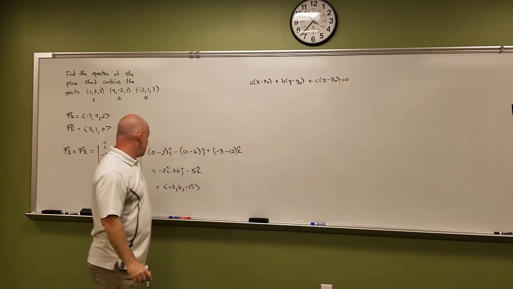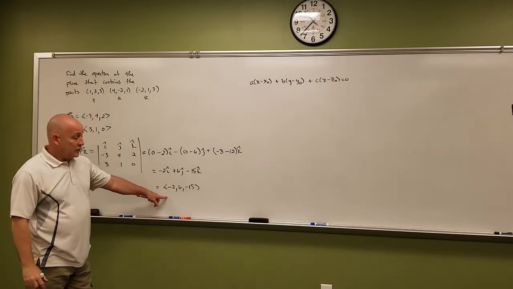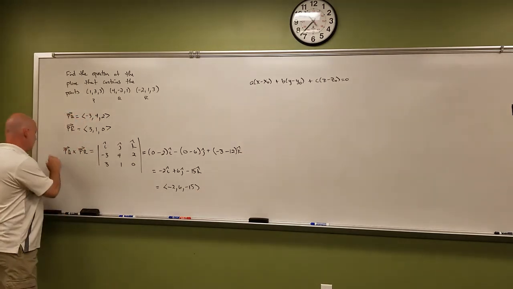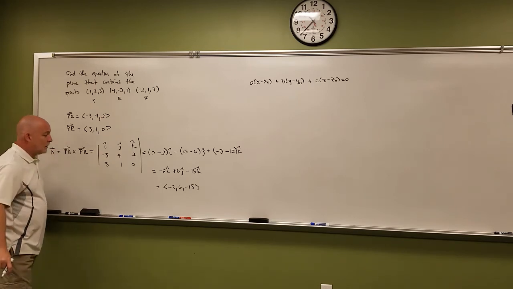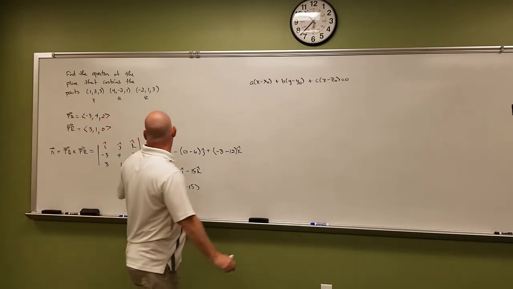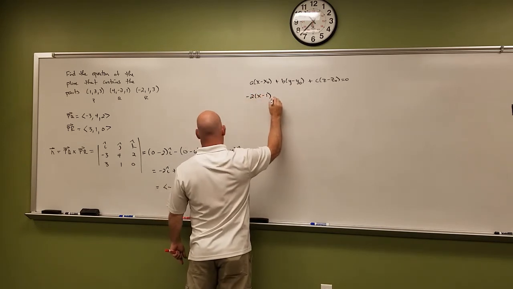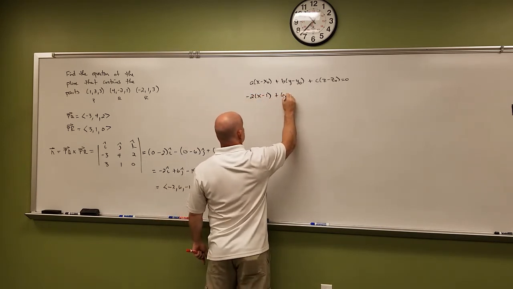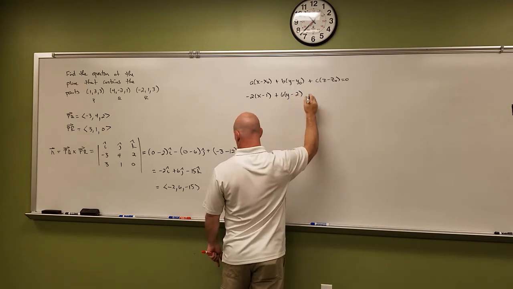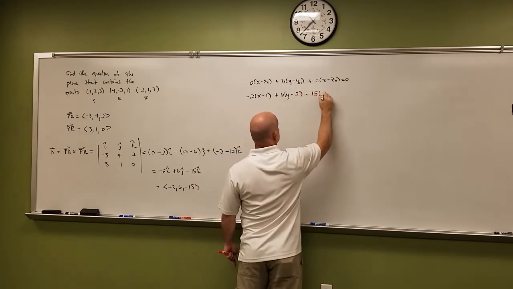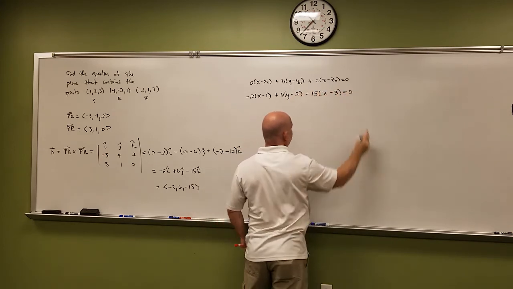A, B, and C here, that's going to be our normal vector. So in case you want to remember, that's our normal vector. And for the point, I'm going to use the first point up here. So you get negative 2(x minus 1) plus 6(y minus 2) minus 15(z minus 3).